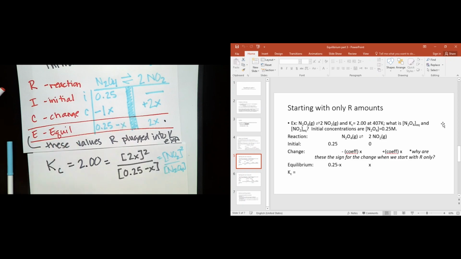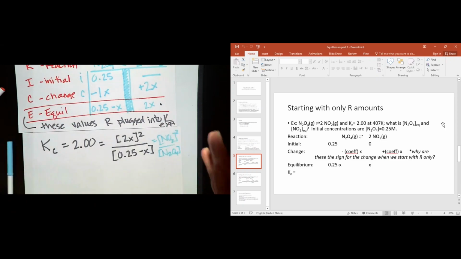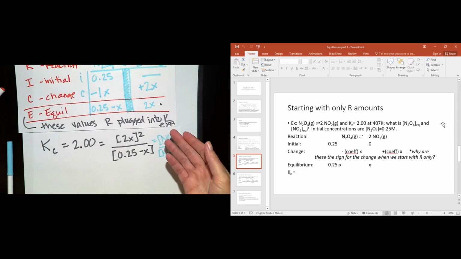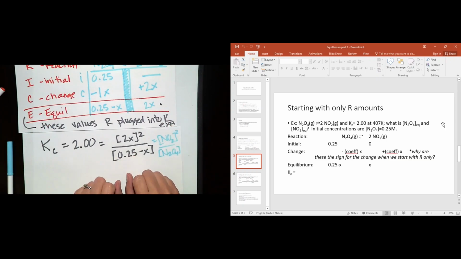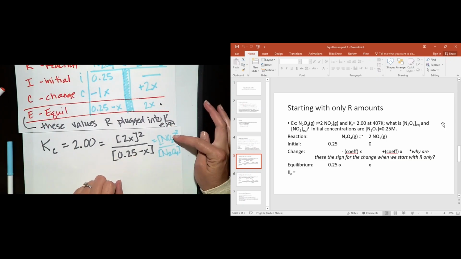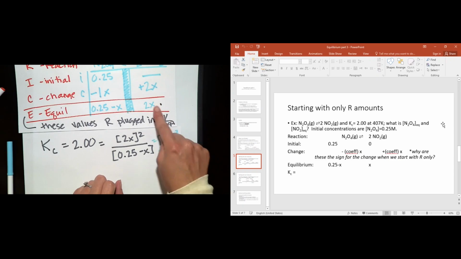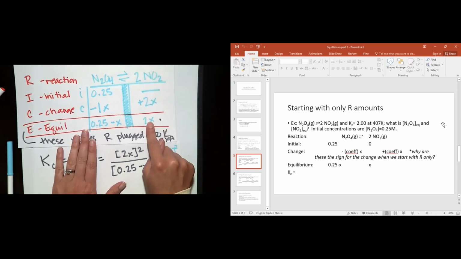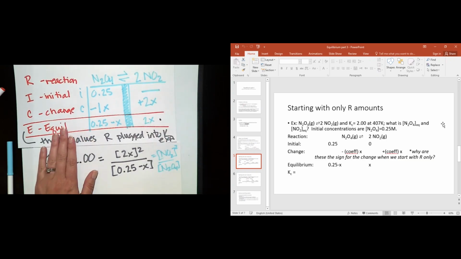Okay. Once we set up the ICE or RICE table, I set up the equilibrium constant expression, and then I substitute the molecules that I start with. I substitute that with whatever's on the E or equilibrium line straight underneath that particular molecule in the expression.